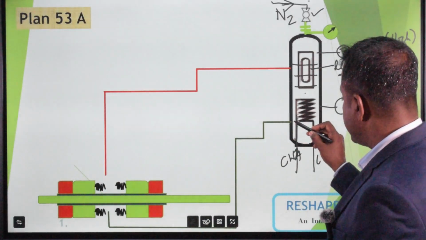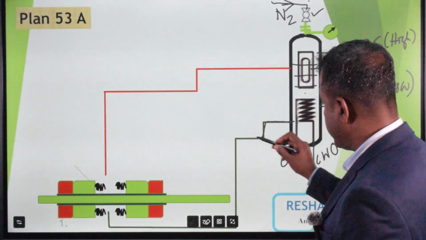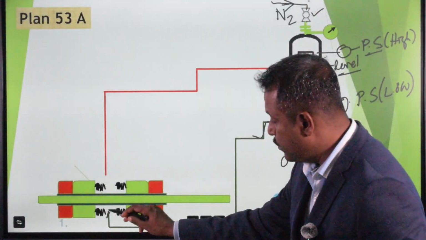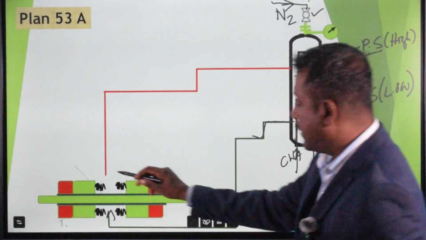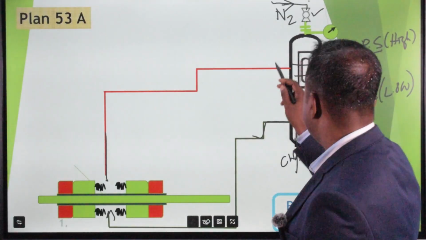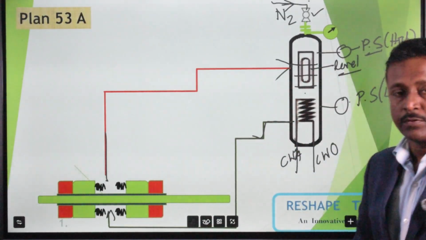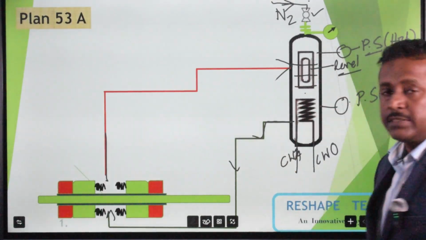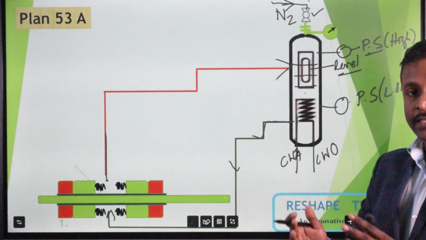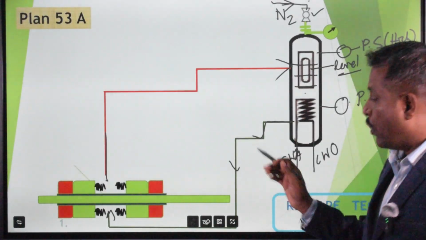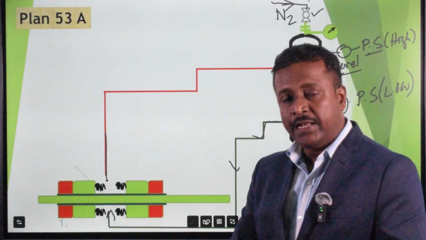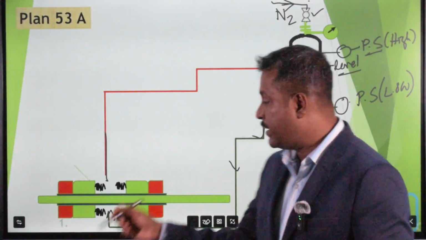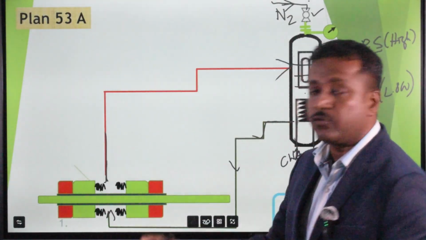There is a piping connection from the bottom of the seal pot to the gland plate, and from the gland plate top to the top of the seal pot. Basically, this is a return line and this is a supply line. To maintain the natural thermosiphon, we always introduce the barrier liquid at the bottom of the gland plate and take out the liquid from the top of the gland plate.